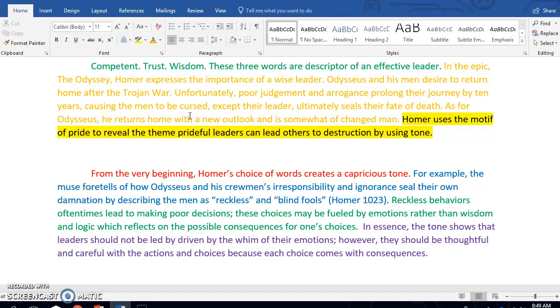Unfortunately, poor judgment and arrogance prolong their journey by 10 years, causing the men to be cursed except for their leader. Ultimately, this seals their fate of death. As for Odysseus, he returns home with a new outlook and is somewhat of a changed man. Homer uses the motif of pride to reveal the theme prideful leaders can lead others to destruction by using tone.